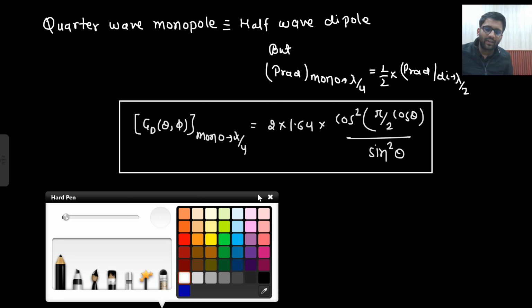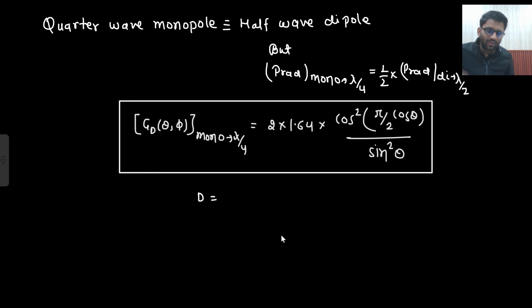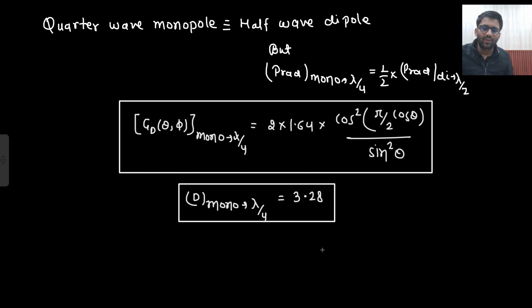And if I need to find the directivity, then that would be 3.28. So let's write down in a better manner. Directivity of monopole lambda by 4 would be 3.28. There you go. Okay, easy it is, not difficult.